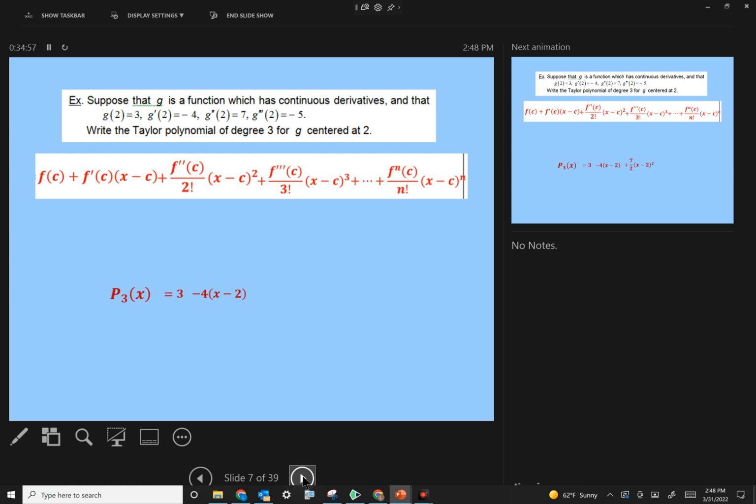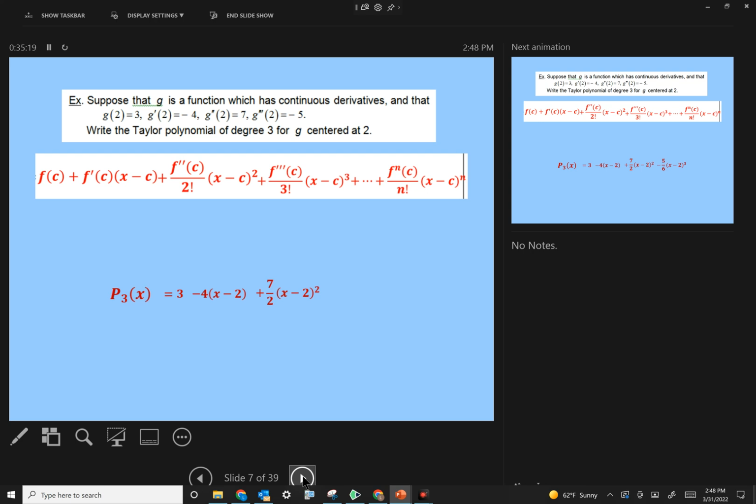Everybody with me? They did all the work. I'm just filling in. And then I need the second derivative. What's the second derivative? 7, but now it's going to be x minus 2 what? Squared over 2 factorial. I went ahead and just said 2 factorial is 2. Is that okay?